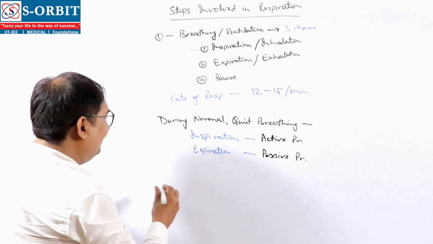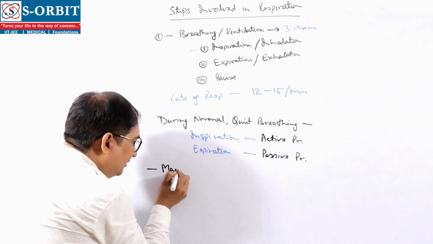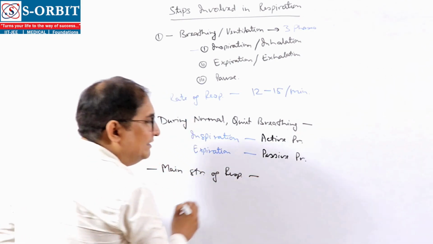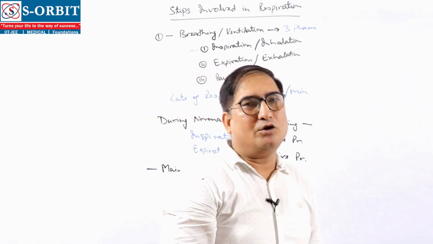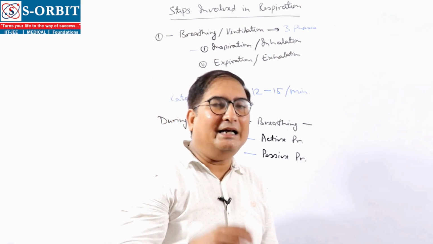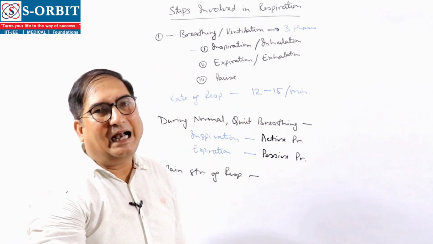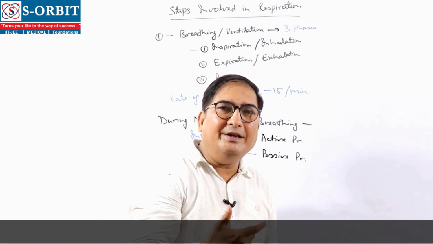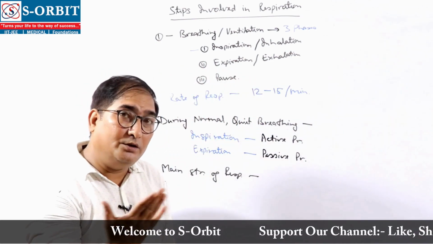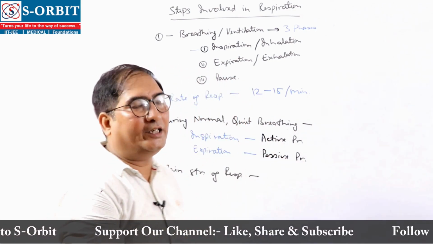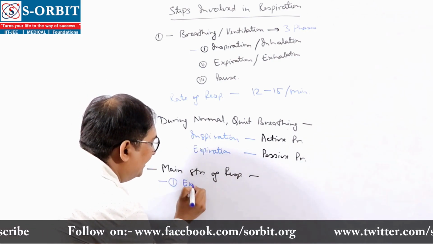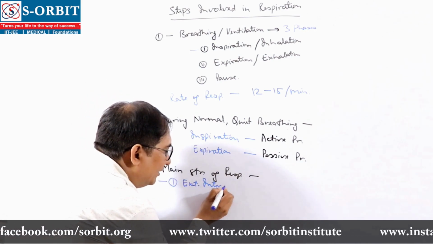Now the main structures of respiration are the external intercostal muscles and the diaphragm. Costal means ribs and inter means in between. In between the ribs there occur muscles known as intercostal muscles, and the muscles which lie external are external intercostal muscles.